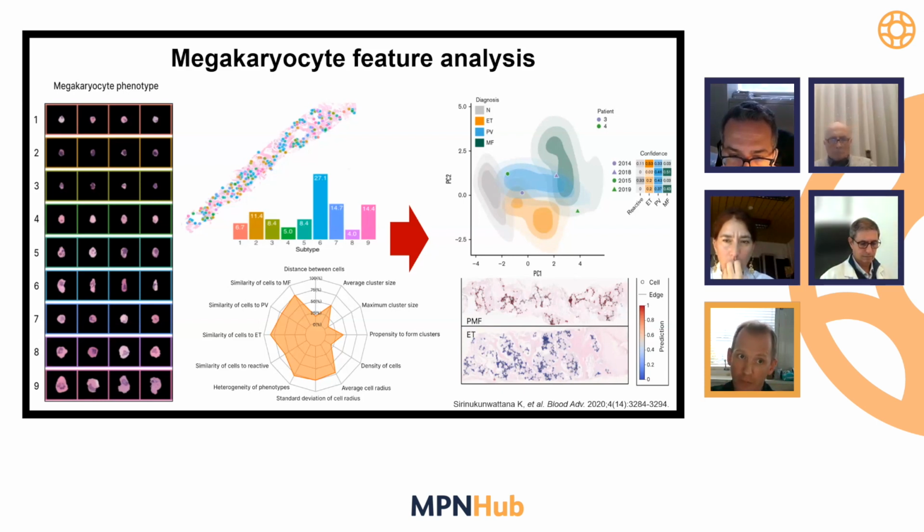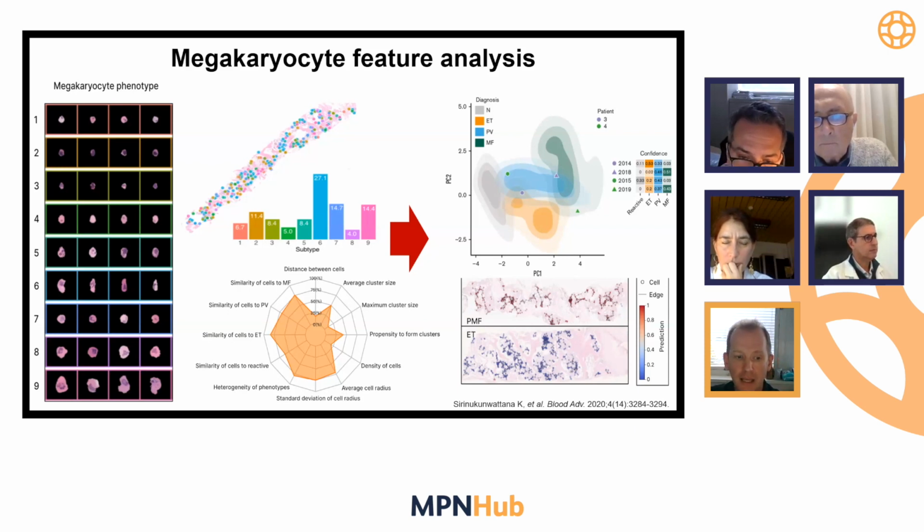And that corresponded very nicely to the clinical and molecular progression to post-PV and post-ET myelofibrosis, respectively. So suddenly we've got a handle on maybe beginning to track morphological features in a way which doesn't require a text-based report. And sequential marrow samples can be contextualized into this broader cohort. So in principle, that's what we're looking to do.